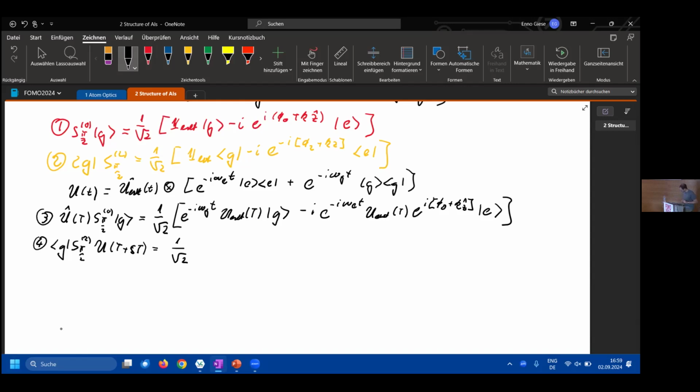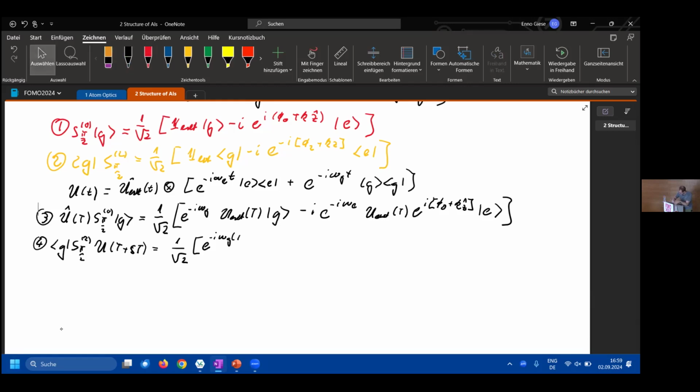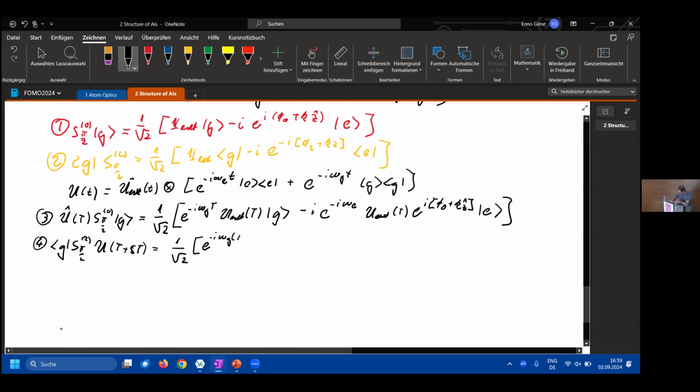And what we observe is now the time evolution e to the minus i omega in the ground state times, I'm sorry, here should be capital T, of course. I just copied it, but it's of course capital T. And this is the clock phases. This is what you observe in a Ramsey clock. Capital T plus delta T. This is the timing asymmetry.